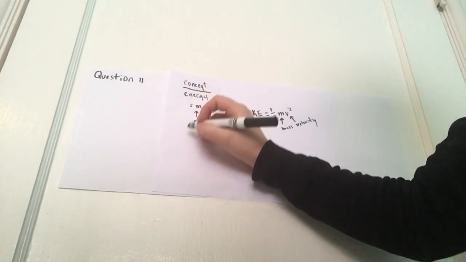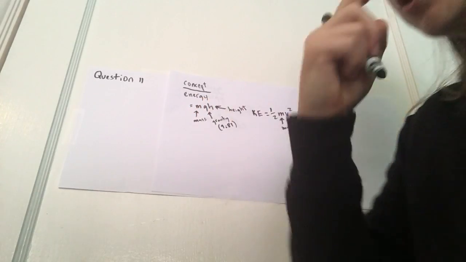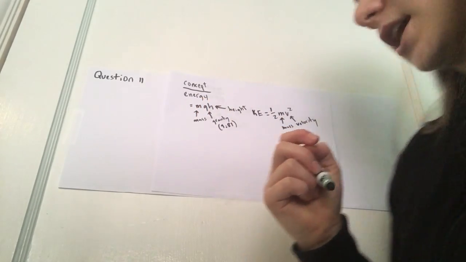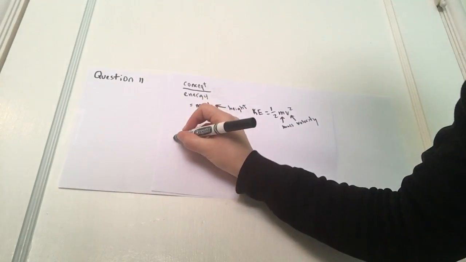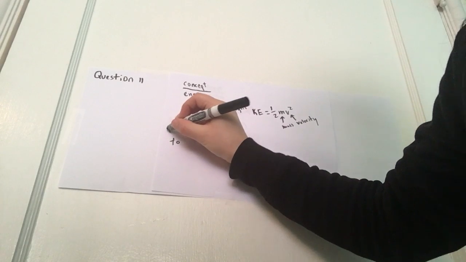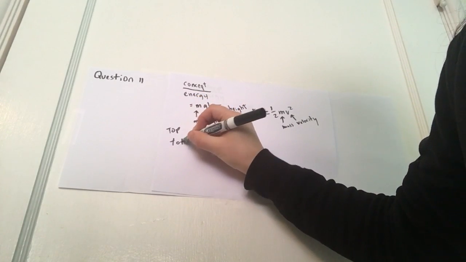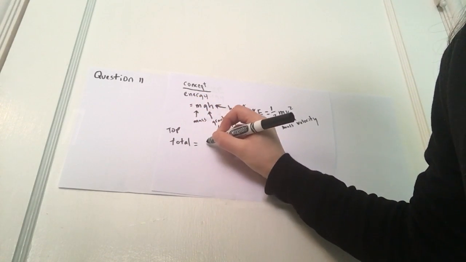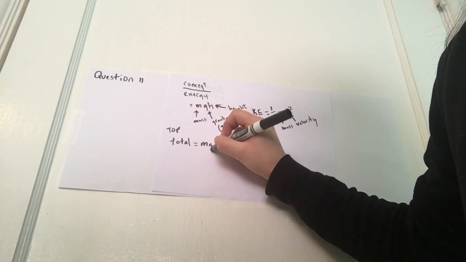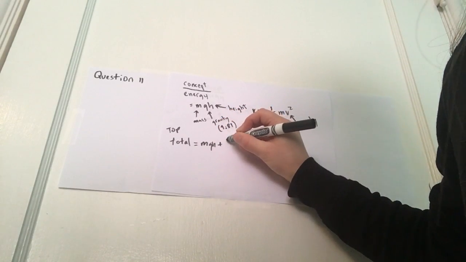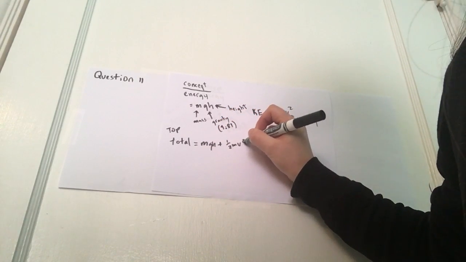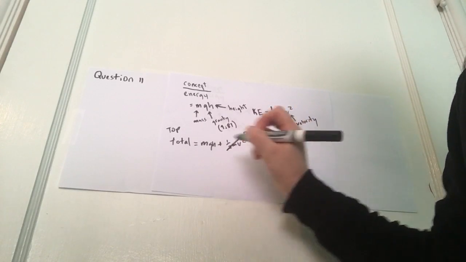Okay, so first, remember total energy is kinetic energy plus gravitational potential energy. So the total, and this is at the top, total energy is equal to mgh plus 1/2 mv squared. Remember, we haven't dropped it, so this is 0.